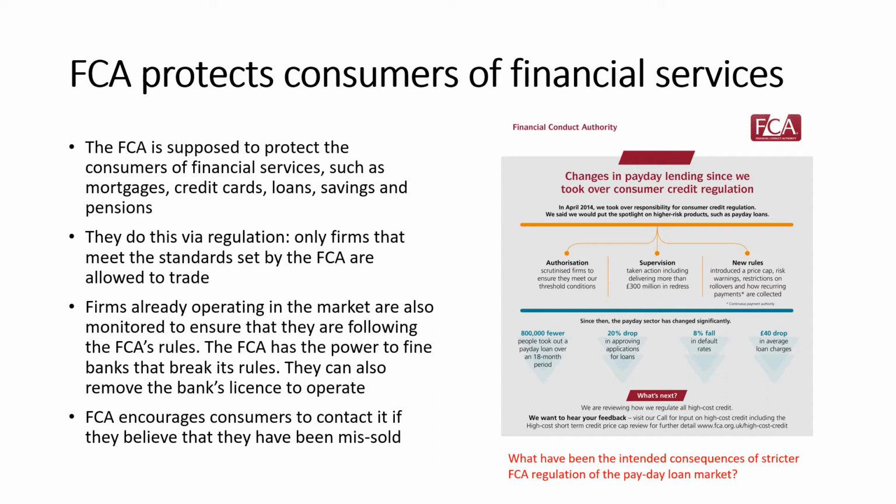They do this via regulation. Only firms that meet the standards set by the FCA are allowed to trade. Firms already operating in the financial markets are also monitored to ensure that they're following the FCA's rules. The FCA has the power to fine banks that break its rules. They can also remove the bank's license to operate.